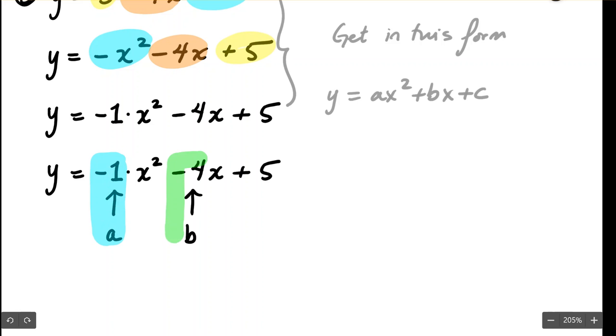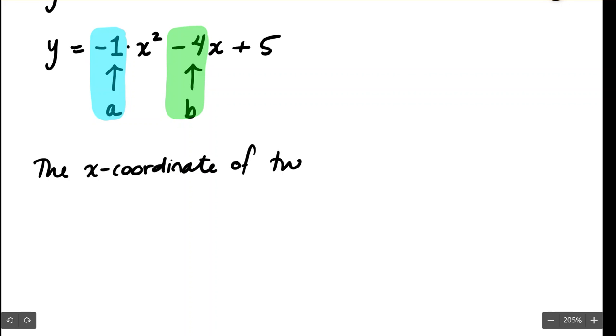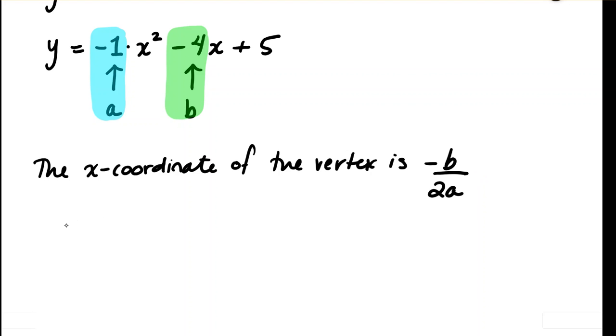So the x coordinate of the vertex is negative b all over 2a. So it is minus, b is minus 4, all over 2 times a, which is minus 1.